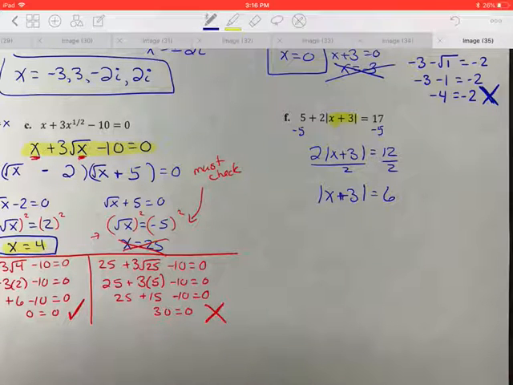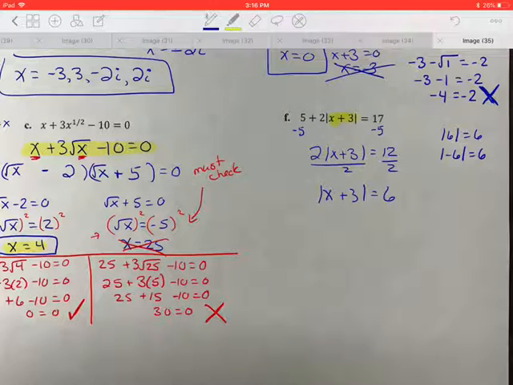Now remember that absolute value is, let me redo that, I'm making a mess today. Absolute value is distance from 0 on the number line. So let's think about numbers that have an absolute value of 6. We know that the absolute value of 6 equals 6, but we also know the absolute value of -6 equals 6.